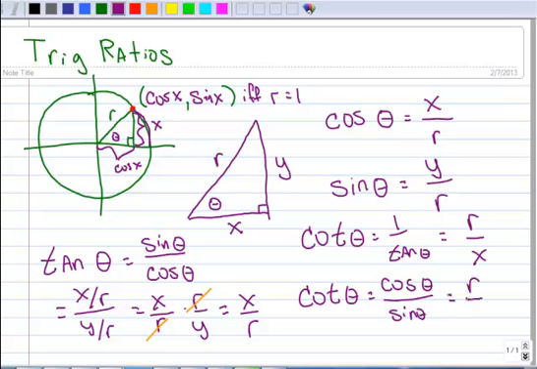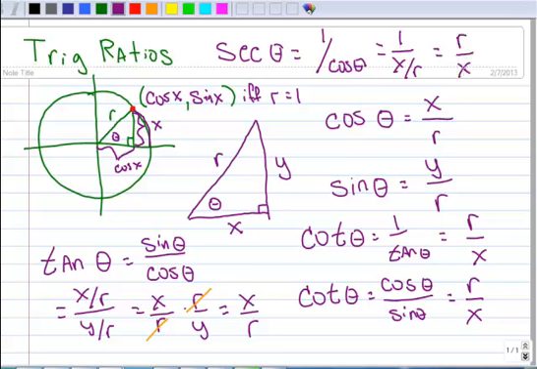You get x over y, and then here at the top let's squeeze in secant. Secant, you will recall, is the reciprocal of the cosine, so that's going to be 1 over the cosine, or 1 over x over r, which is r over x, and cosecant.